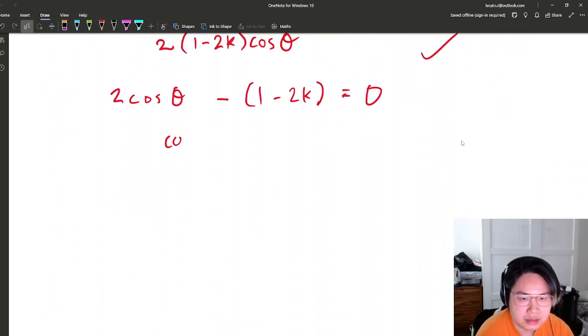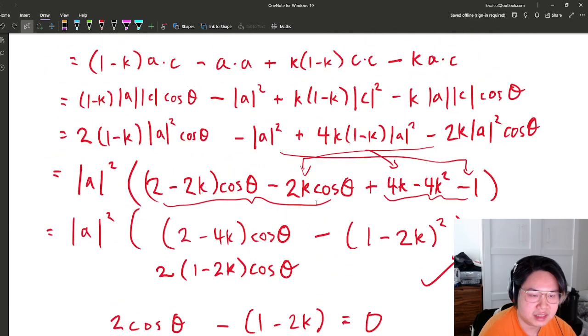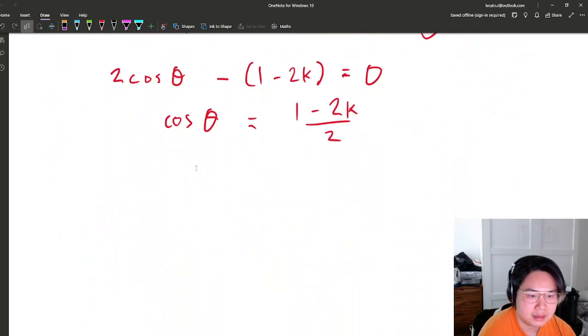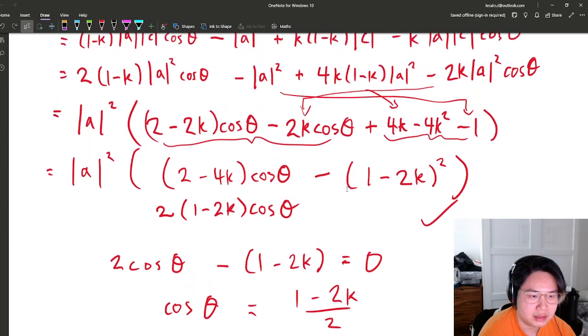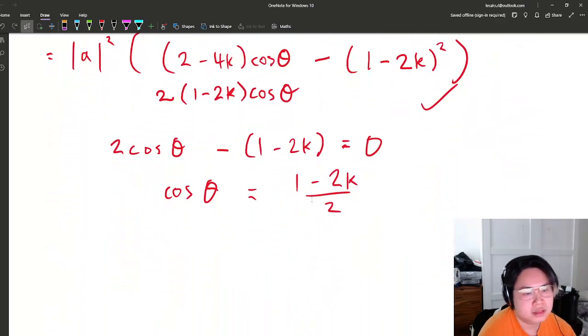So from here, cosine is going to be in terms of k. Is that it? No, because they don't say in terms of k. But what the heck is k? K is this, right? Oh, k can be between 0 to 1.